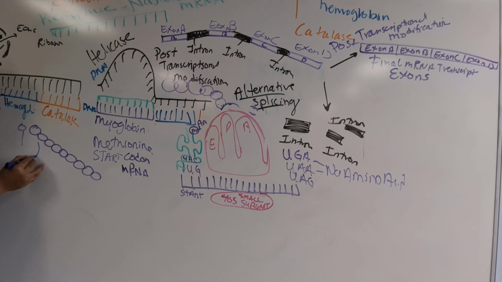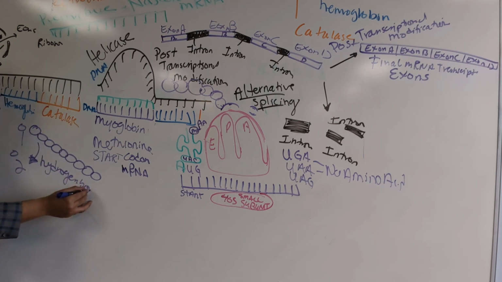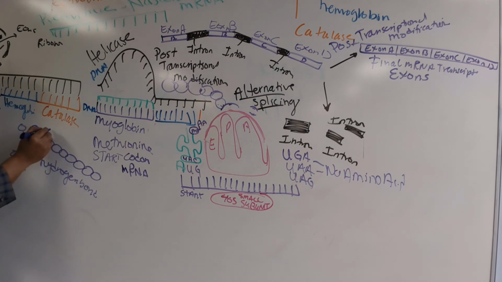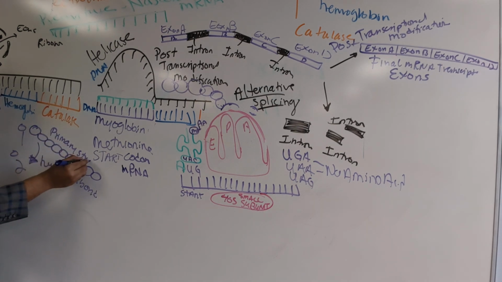To go from primary to secondary structure, you need hydrogen bonding.